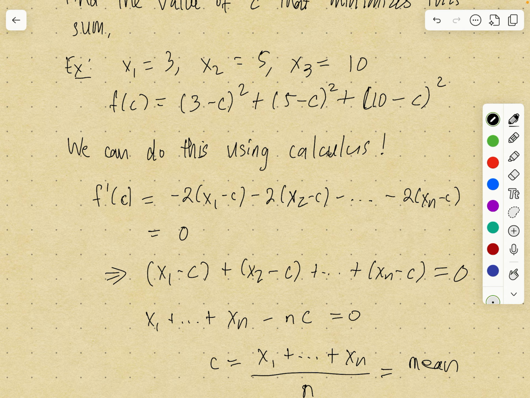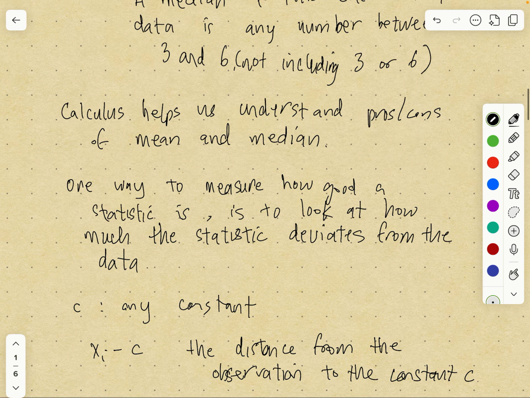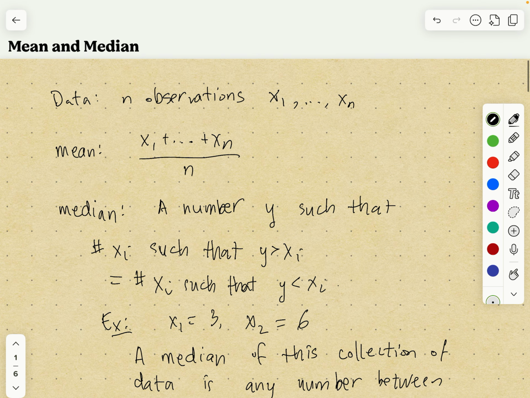Once you understand that that's what the mean and median are doing, then you can see how the mean is more affected by outliers than the median. Okay, so that's what I wanted to explain in this video. Thanks.